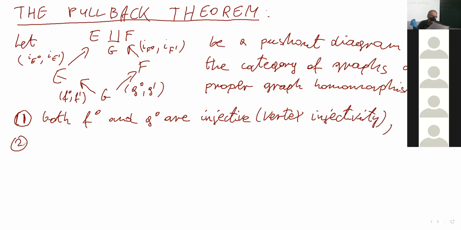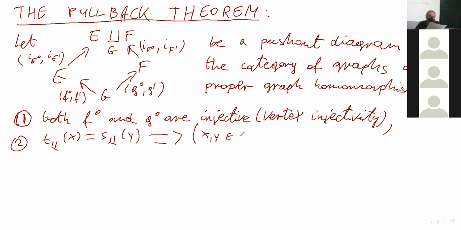Next, our second assumption is that when I have the end of an edge in the push-out diagram equal to the beginning of another edge in the push-out diagram, then both of these edges come from one graph. So formally speaking, I can write that both x, y belong to the image of iota E1, or both of them belong to iota F1 of F1.